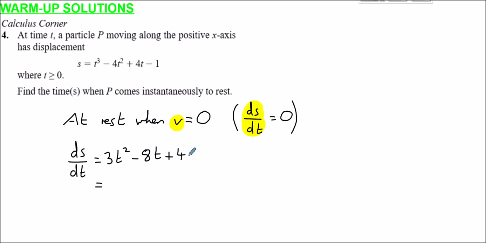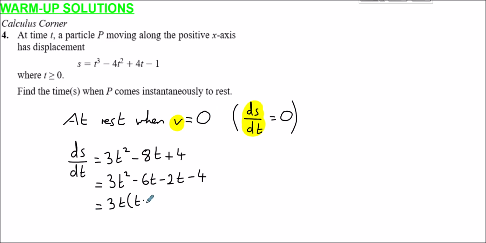If we multiply the 3 by the 4, we get 12. So we can think of two numbers that multiply to give us 12, but add together to give negative 8. Those two numbers could well be negative 6 and negative 2. So we want this to be set equal to 0 when the velocity is 0 and it's at rest. So we can factorise out a 3t from these terms.